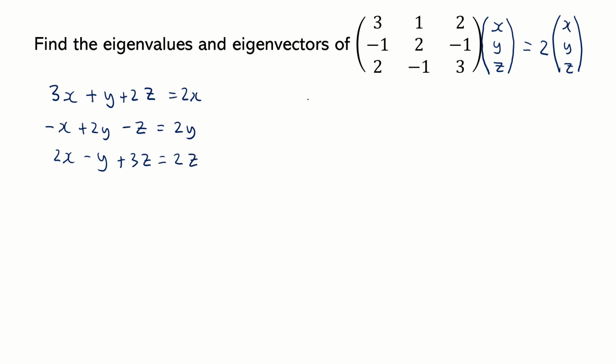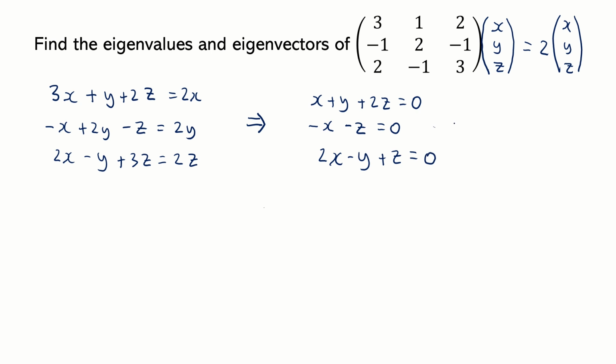Of course, those equations can be simplified, so if we simplify them, we will get x plus y plus 2z equals 0. We will get minus x minus z equals 0. And then we'll get 2x minus y plus z equals 0.